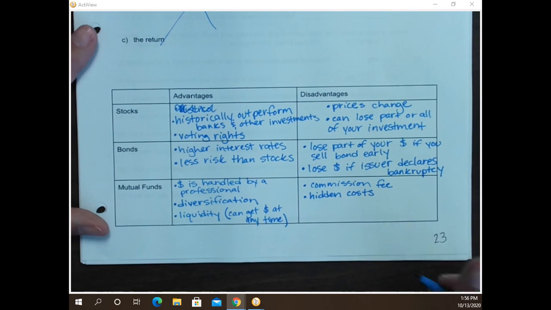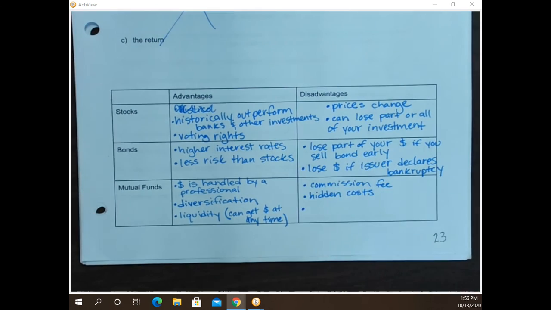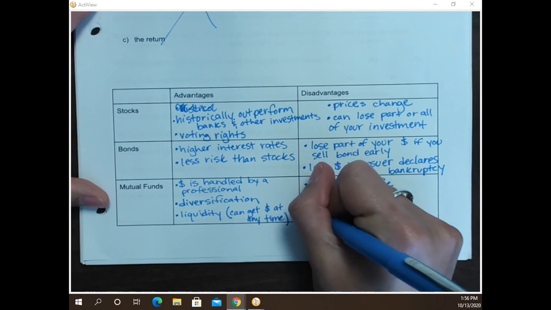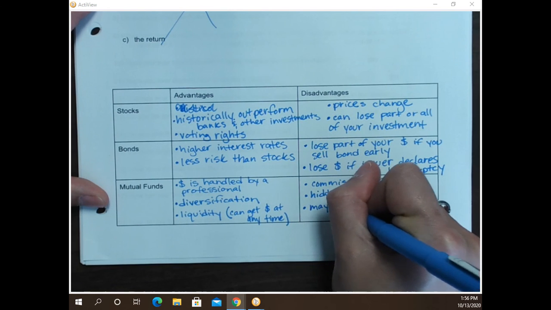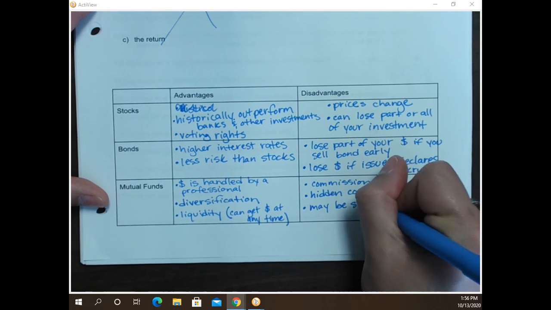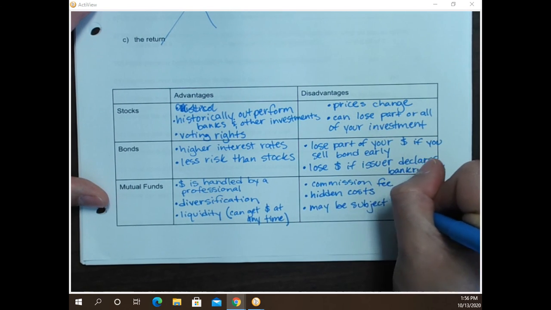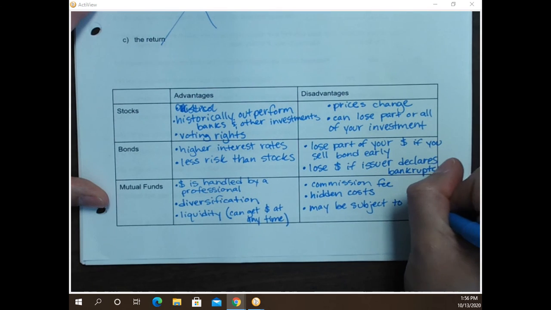And then, depending on how much you invest into a mutual fund, or if you pull money out of it or put money into it at specific times, there are some tax implications there. So your money may be subject to additional taxes.